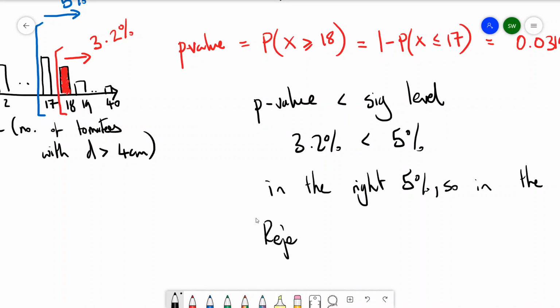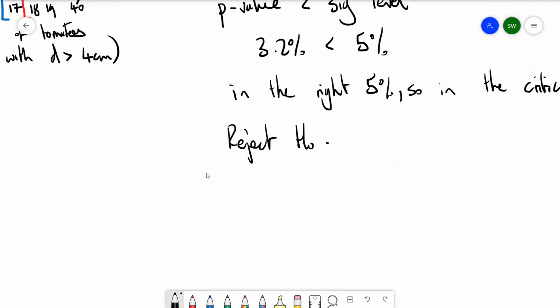So we're going to write reject H0, and then we need to conclude in context. So we're going to say there's sufficient evidence to suggest that the new fertilizers increase the probability of a tomato having a diameter greater than 4 centimeters.